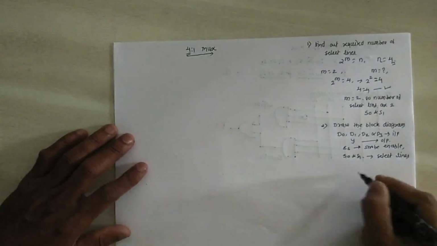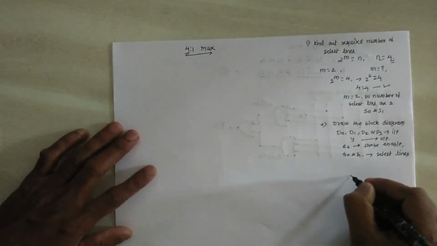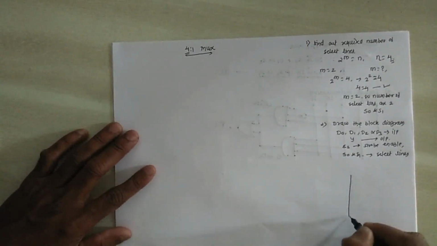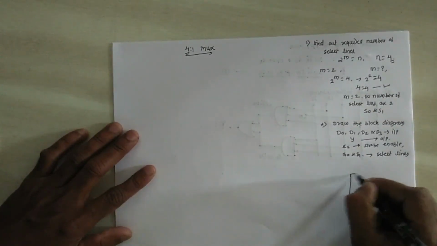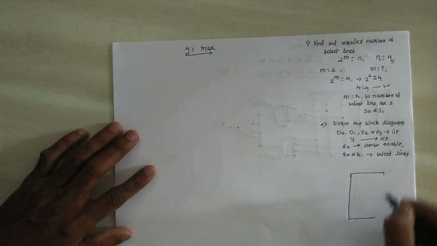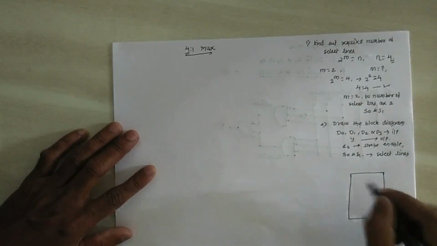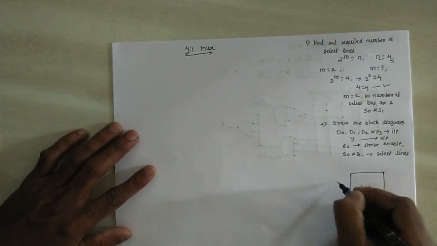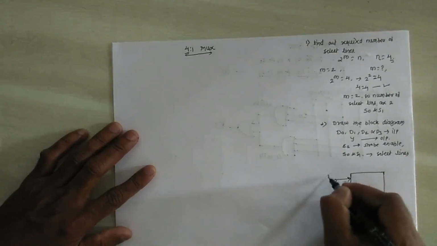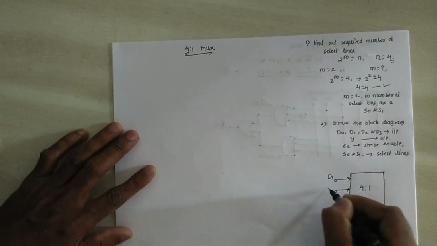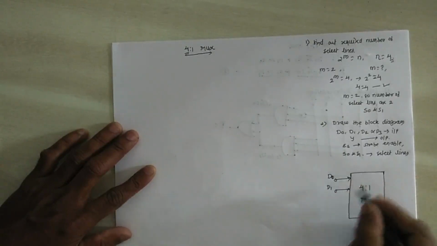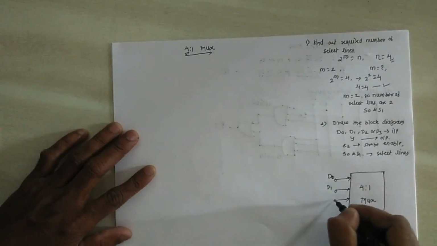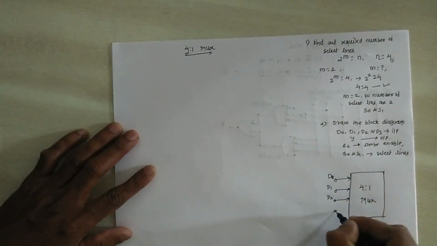So once again, draw the block diagram of 4:1 mux. Mux with the inputs D0, D1, D2 and D3.